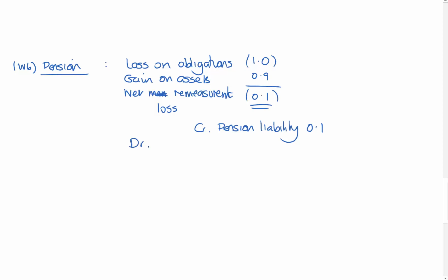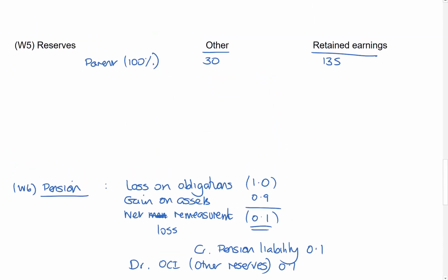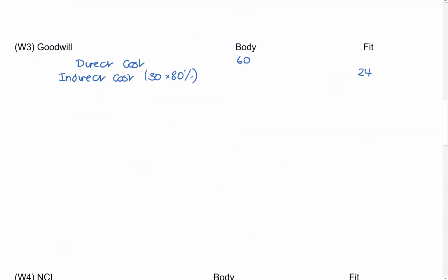What do you do with remeasurement gains and losses? Take it to reserves, but which reserve? Yeah. Other comprehensive income, correct. So I'm going to debit OCI, and OCI flows through into other reserves. So think about the treatment in your statement of profit and loss, and then think how that's going to flow through into reserves. So I'm going to increase my pension liability, and that's likely to be a long-term liability.